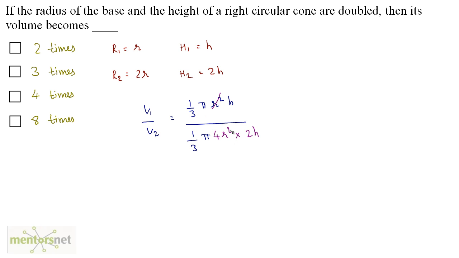So we can cancel out R square, this H and this H, and this 1/3 and this 1/3 and this pi as well. So V1 by V2 is equal to 1 by 4 times 2, which is 8. So V2 is equal to 8 times V1. So the later volume, that means the volume afterwards, is equal to 8 times the initial volume. So option D is the correct answer.